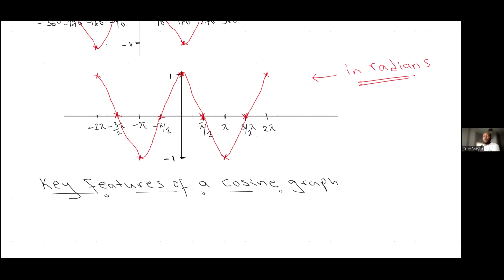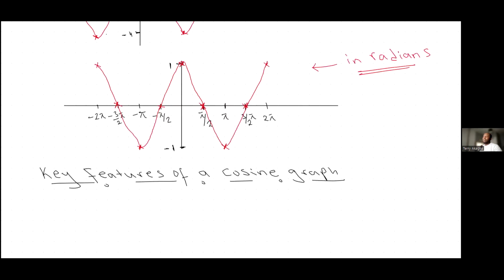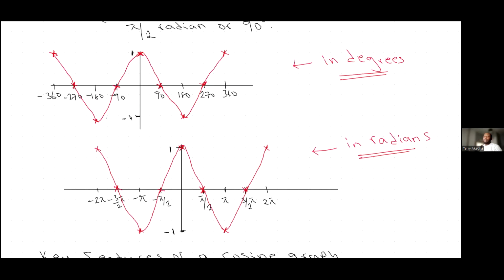Okay, the key features of a cosine graph. The first thing you will notice is that, similar to the sine graph, it repeats every 360 degrees. Every 360 degrees you still get the same shape of curve, or if it's in radians, it's every 2 pi radians.